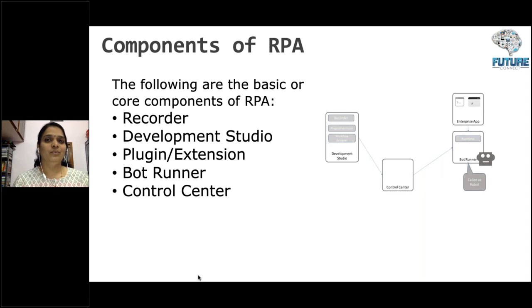The one who is running the film is the bot runner, and you have to control it. So these are the components of RPA, which are general to all the RPA providers. If you have UiPath, they have all these components. We have Blue Prism, we have other RPA providers who use all these components to automate a process.